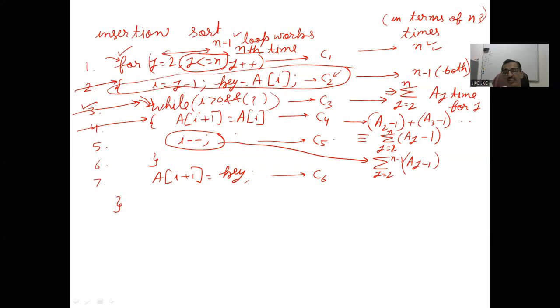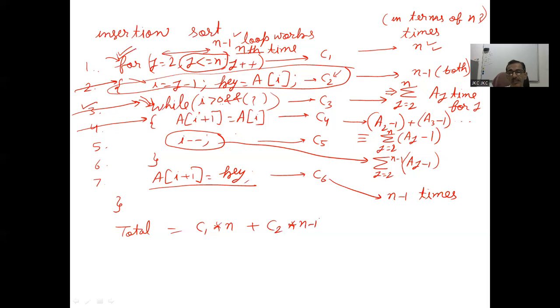What about this statement? This statement will execute once for every jth loop. The loop inside went n minus 1 times, so this statement executes n minus 1 times. Total count, I can easily see, is nothing but C1 multiplied by n plus C2 multiplied by n minus 1.